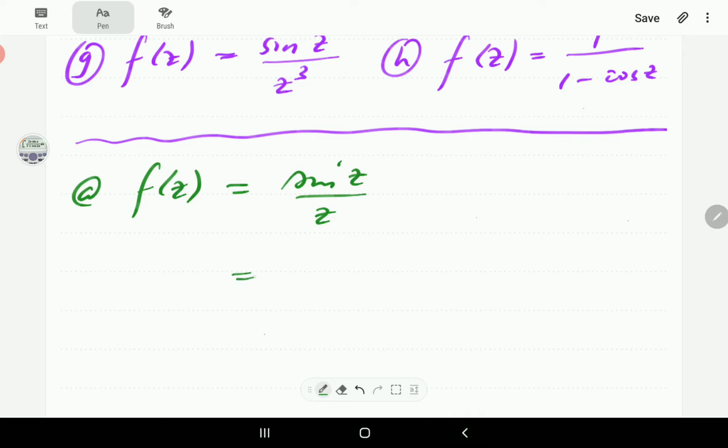So we're just going to expand sine z in powers of z.